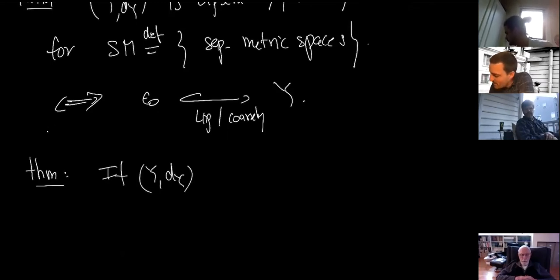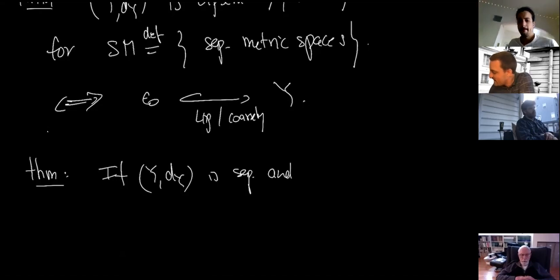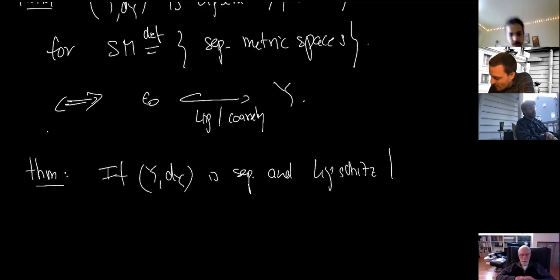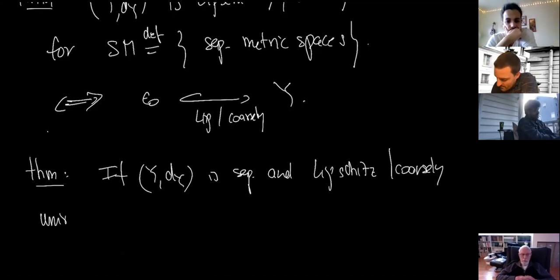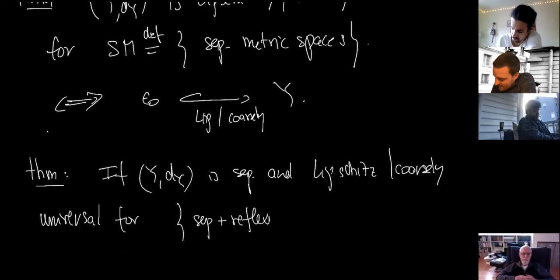If a separable metric space Y is Lipschitzly or coarsely universal for the following class, let me write the class like this: separable, reflexive, so this is a class of Banach spaces, plus asymptotic c0.